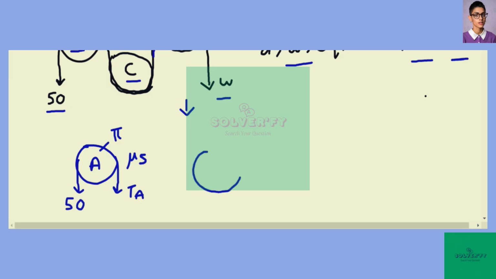And then we have pipe C with TA going this way, TC going the other way. We have an angle of pi because it's half a turn. And we're going to use the static coefficient of friction again for part A because this system is in equilibrium.